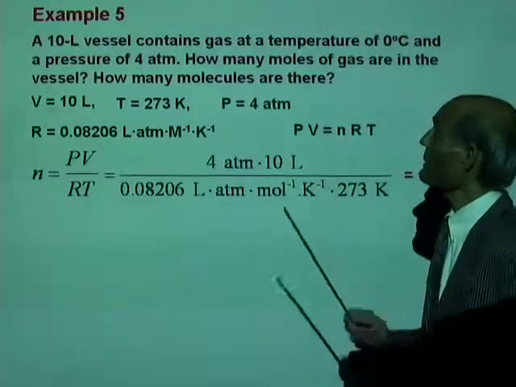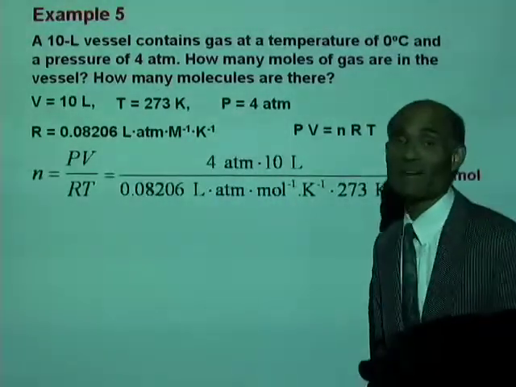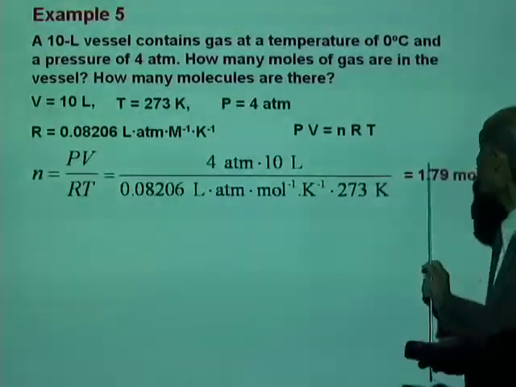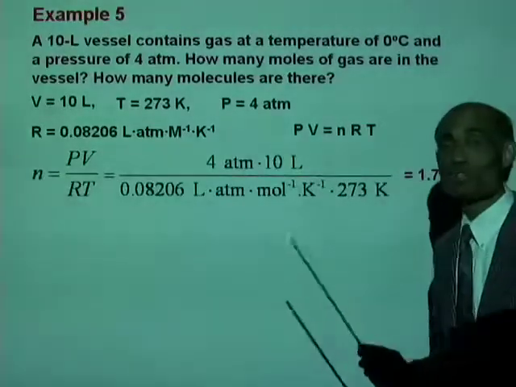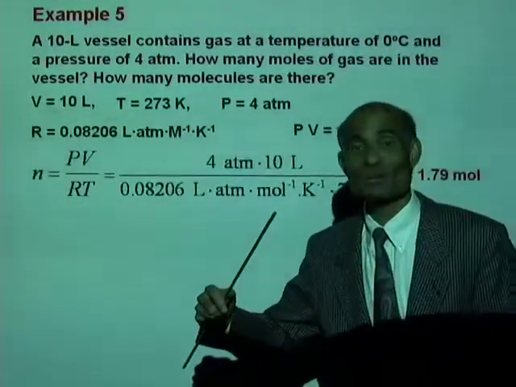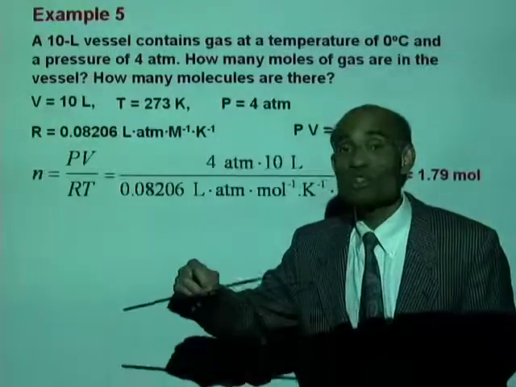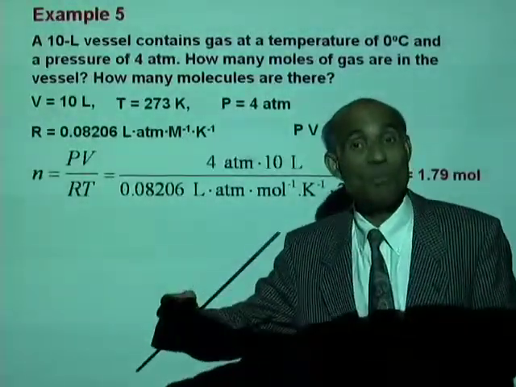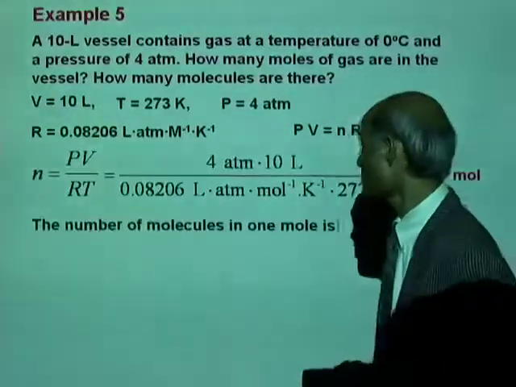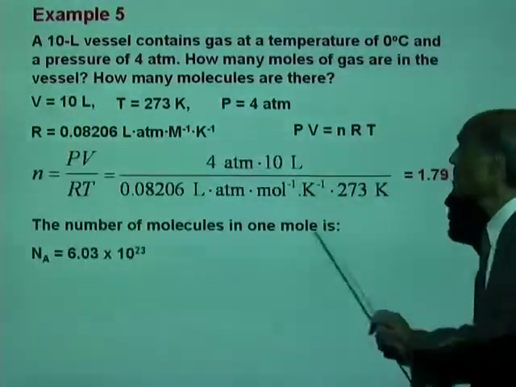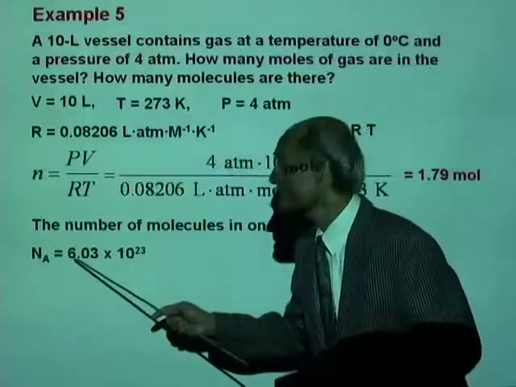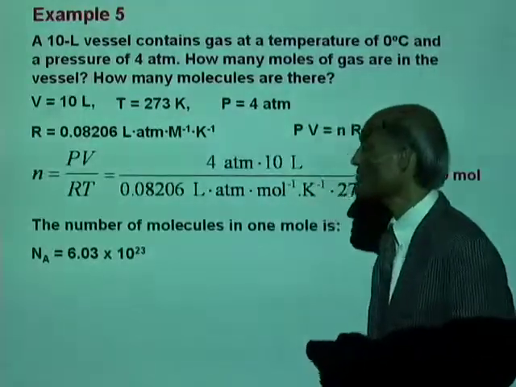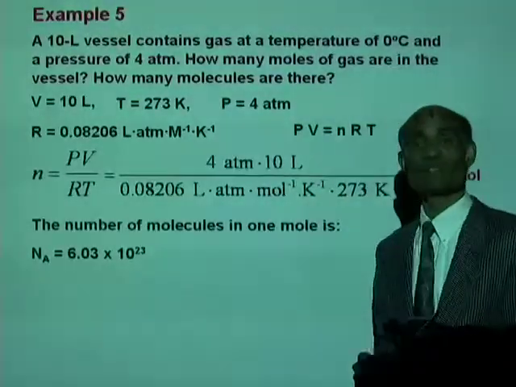How many molecules are there? If you know the number of moles, what do you do to find the number of molecules? Multiply that with the Avogadro number, the number of molecules in a mole. The number of molecules in 1 mole is the Avogadro number, 6.023 times 10 to the 23 molecules.